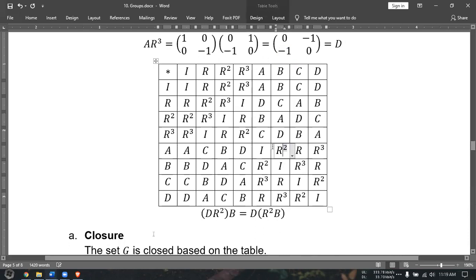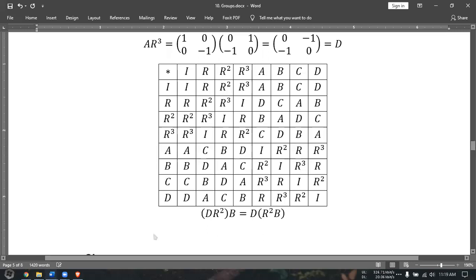These are equivalent. What is D times R squared?